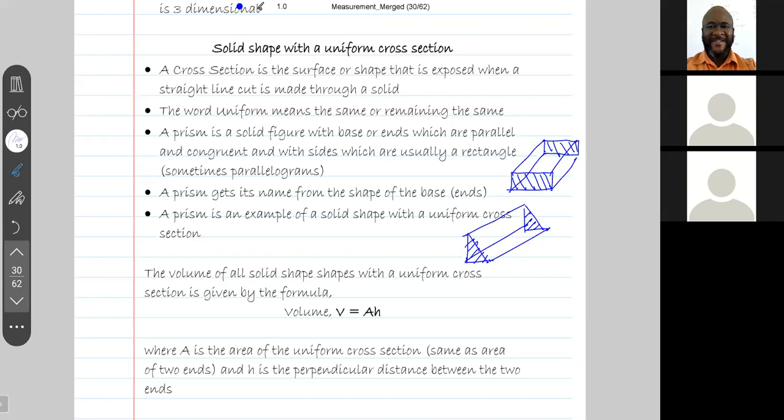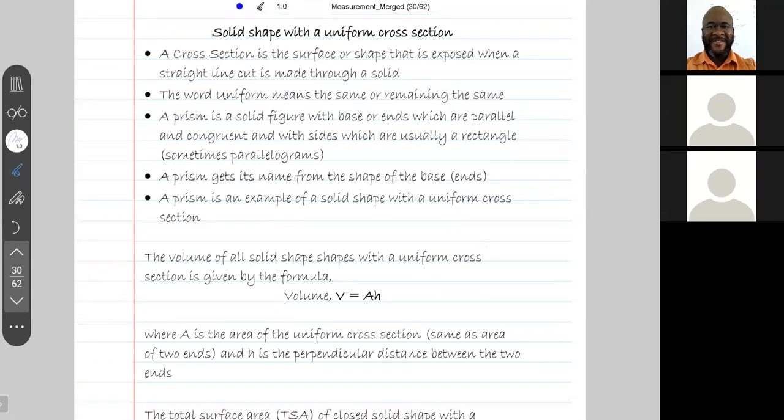Guys, when we do this topic, one of the things we're going to have to do is calculate the volume of a solid shape with a uniform cross-section.